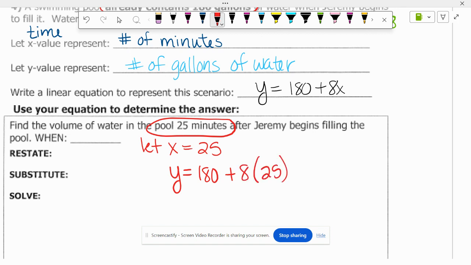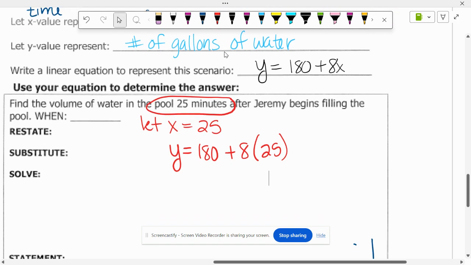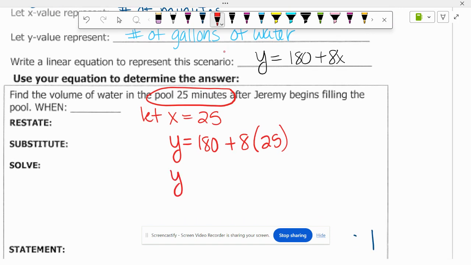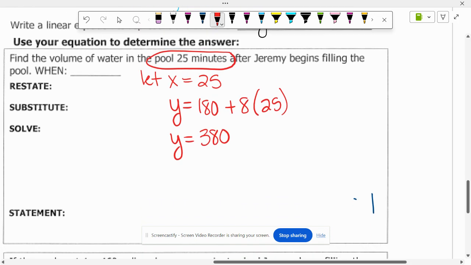Who's going to calculate that for us? Who's got their handy dandy calculator ready to go? I want the whole thing. Perfect. Y equals 380. So do you have a statement for me, Laurel? It says find the volume of water in the pool 25 minutes after Jeremy begins filling it.